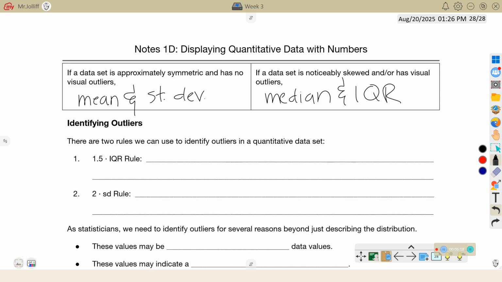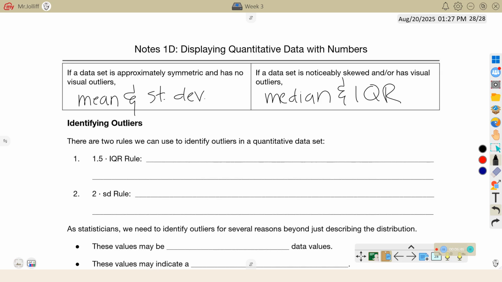So the S and the O part of SOCS helps you choose the C and the S for the end. Symmetric, you're over here. Skewed with outliers, you're over here. You only have to remember that for a couple of units because second semester we're primarily focusing on things that are nice, pretty, and bell-shaped. And so second semester we're over here all the time.